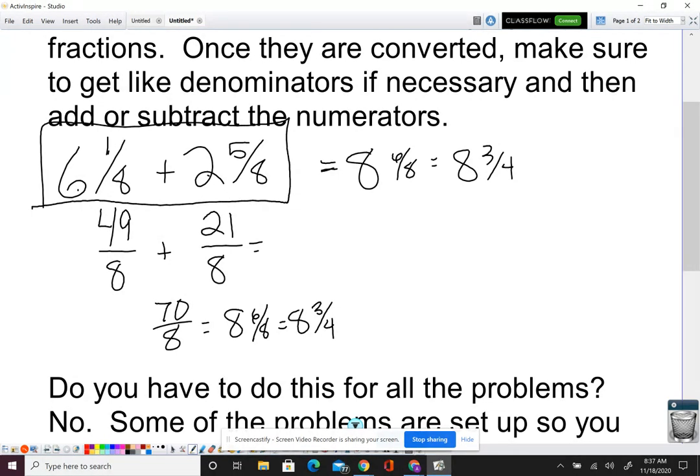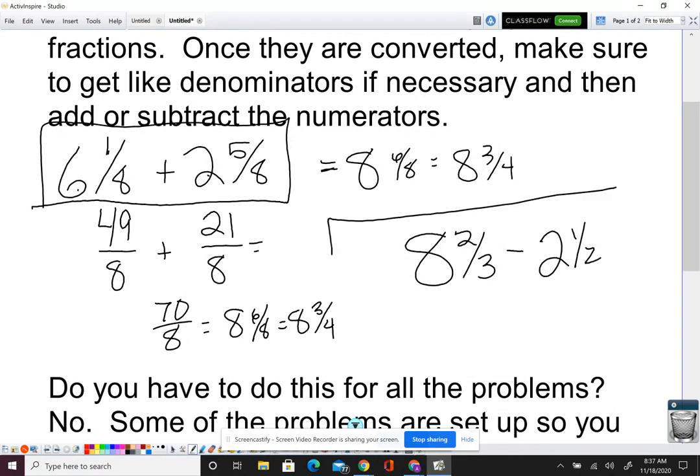If that's the easier or quicker way for you, or you're comfortable doing that, that's fine. If you run into a problem, though, that you can't do that easily, you may want to look at converting your mixed numbers to improper fractions.